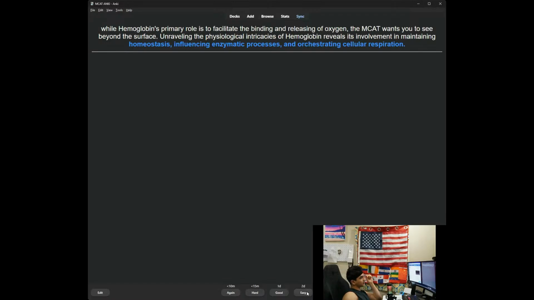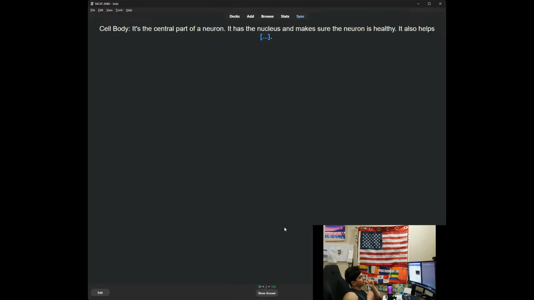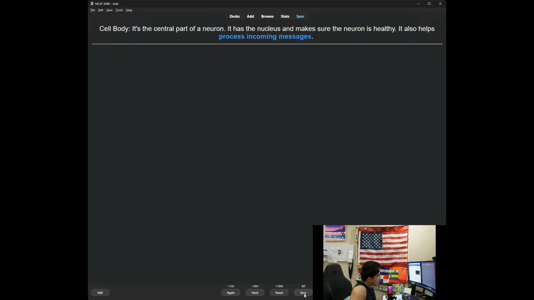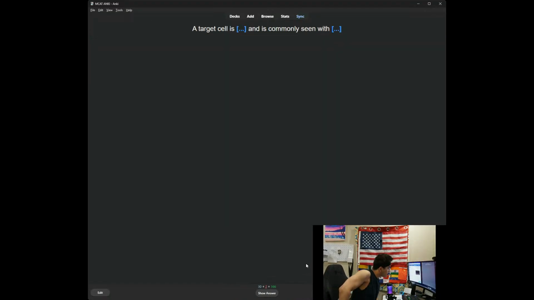That's fine. Cell body is a central part of a neuron. It also helps process the information, process the incoming messages. Target cell is any cell, well, I guess maybe not.